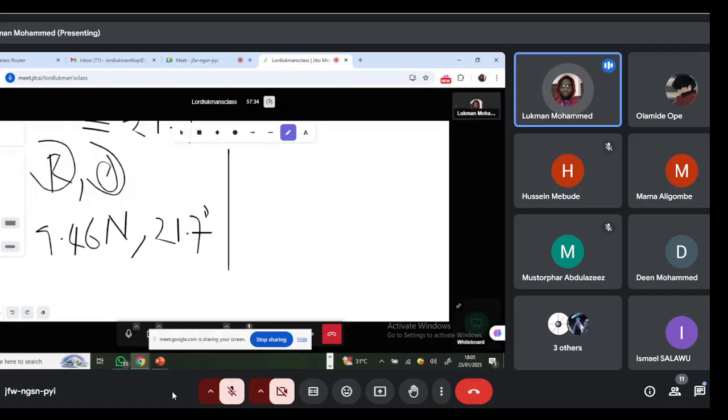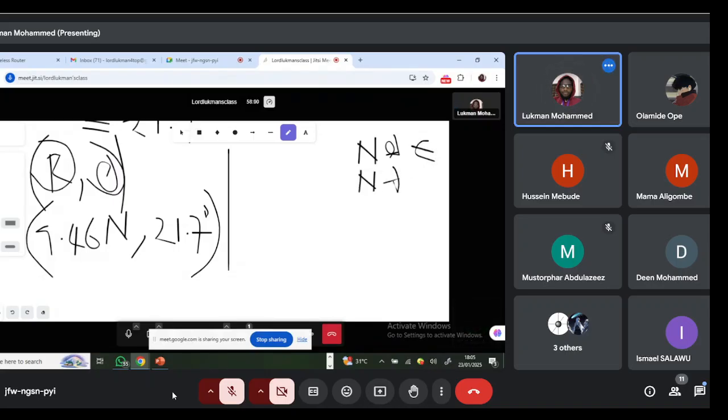We can put it as r, theta. They usually put it in brackets, like x comma y, so r comma theta. So it's going to be 9.46 newtons, comma 21.7 degrees. Alternatively, if you are dealing with bearing in your math, we can also have not theta degrees to the east, or not theta degrees to the west. We can either start from north or south.